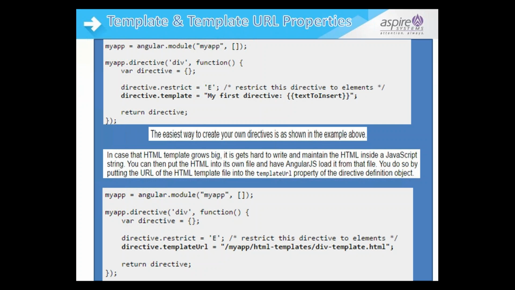Why template? To add HTML content directly in the directive. Why templateUrl? To have HTML content in a separate HTML file. So if you take any page, we have two things, right? Controller and HTML. If that HTML content is going to be present inside the directive, it means template; separately, it means templateUrl. Okay.